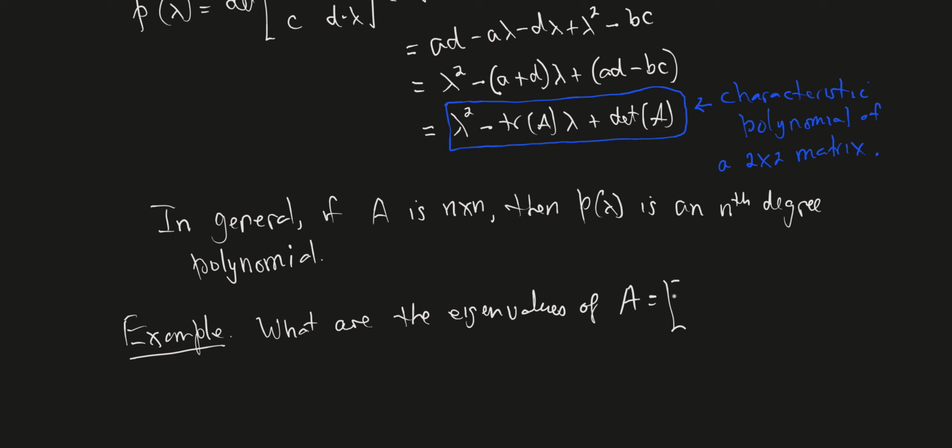Let's say it is [-2, 2; 3, -3], right? I mean, maybe sometimes the question just wants us to find the scalars. We don't necessarily want to find the vectors, right? So if we just want to find the eigenvalues of something like this, we can immediately write down the characteristic polynomial.